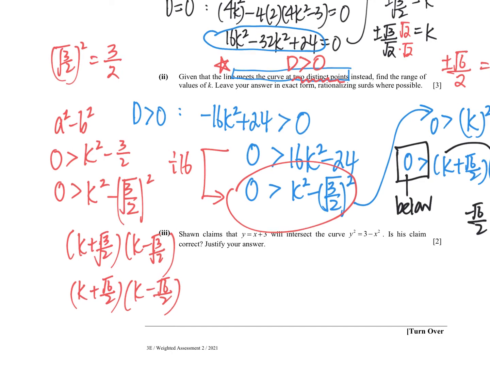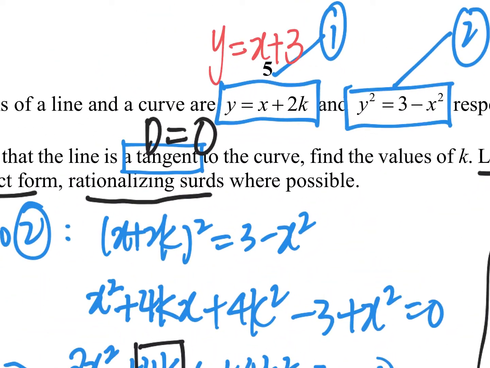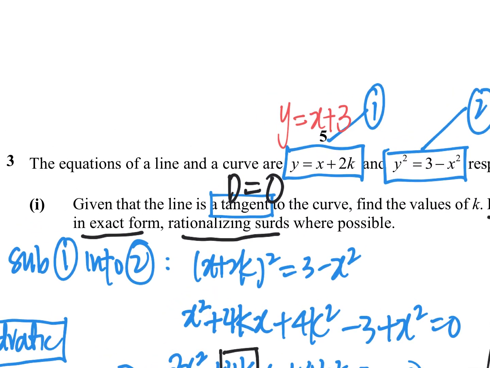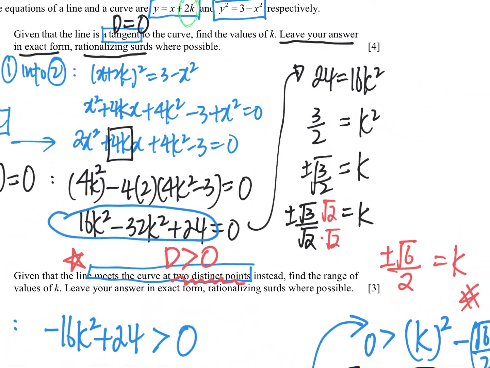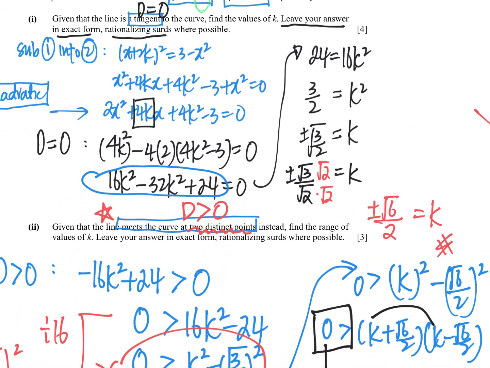If you compare with your original equation, you should observe that k takes the value of 1.5. So now you need to check: if your k is plus minus root 6 over 2, you will intersect at 1 point.